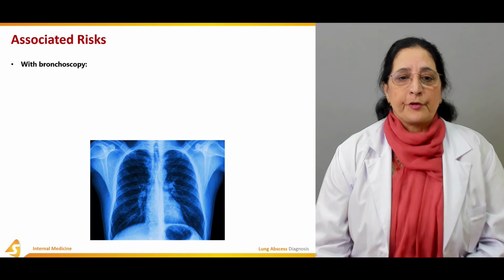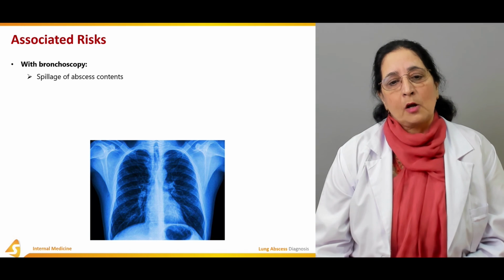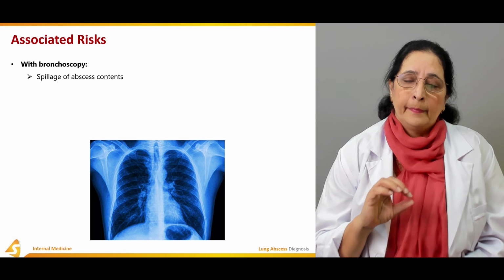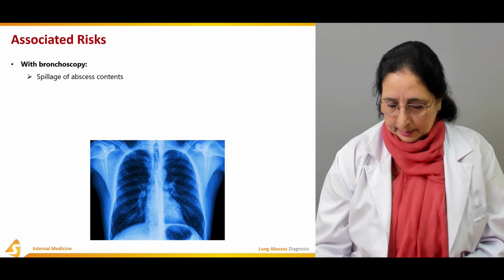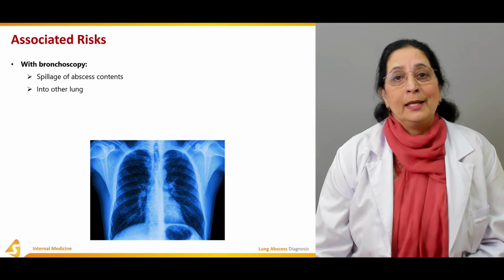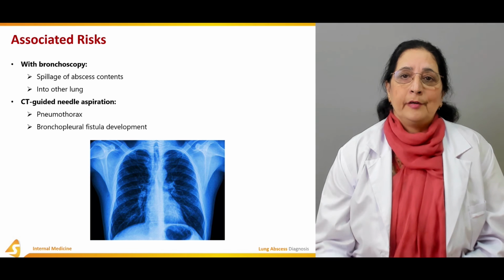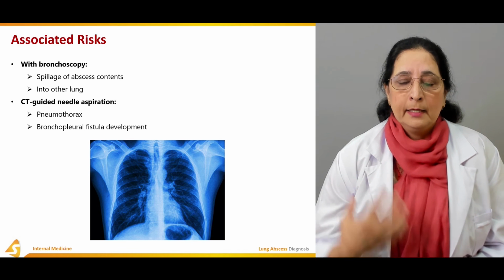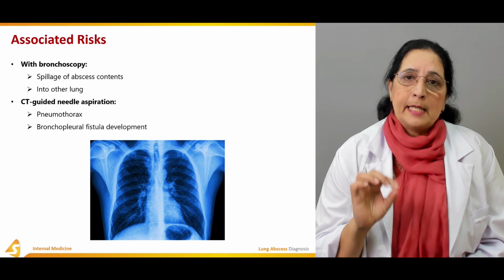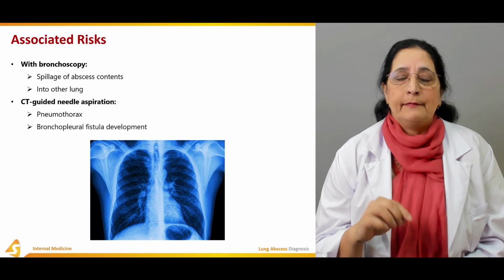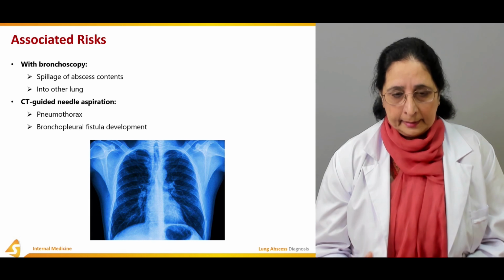Some associated risk with bronchoscopy is a spillage of abscess content. If bronchoscopy is performed, the abscess might spill, and then it can cause different infections also in the other lung. With CT-guided needle aspiration, the risk is pneumothorax, which is presence of air in the chest, and whenever the needle is entered into the thoracic cavity, there is a chance of developing pneumothorax or air in the chest.